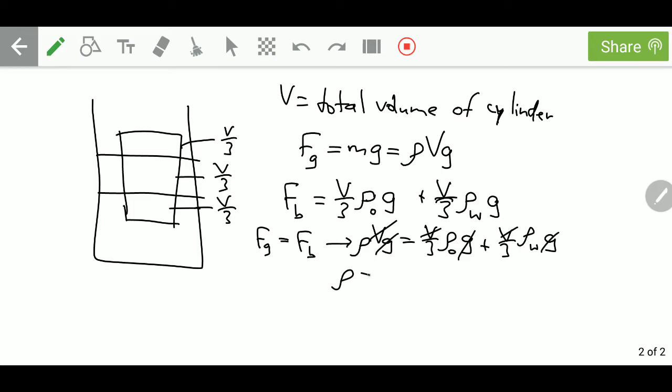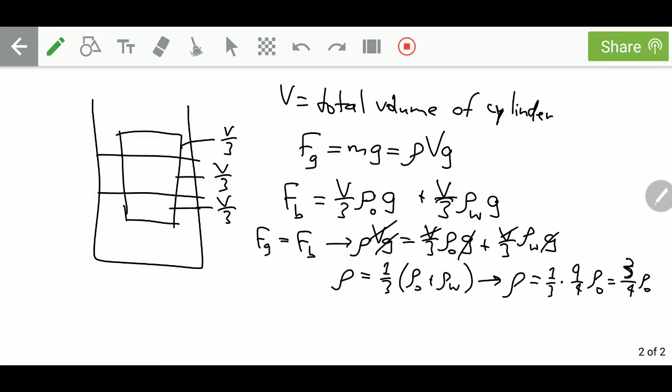So we get rho is 1/3 times rho oil plus rho water. And rho water is 5/4 of rho oil. And so rho will be 1/3 times 9/4 rho oil, which is 3/4 rho of the oil.